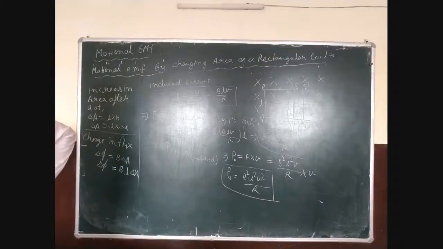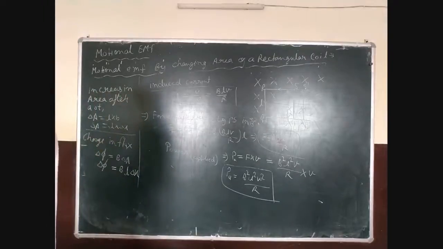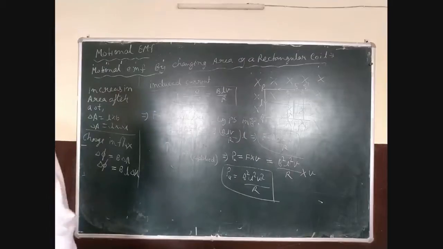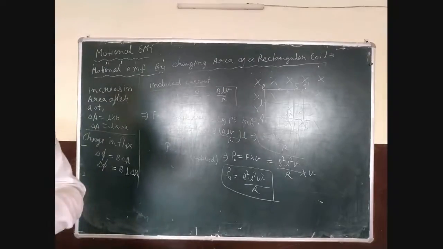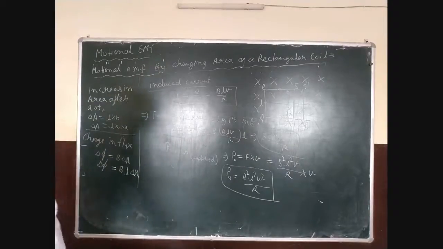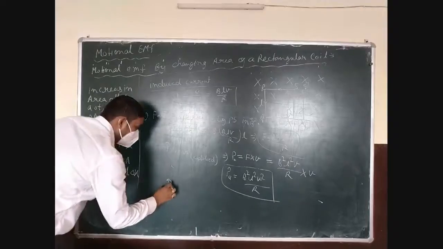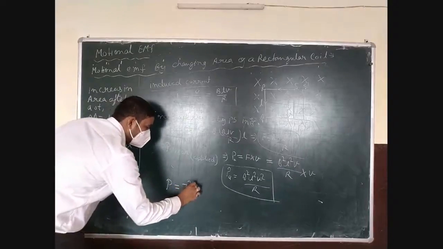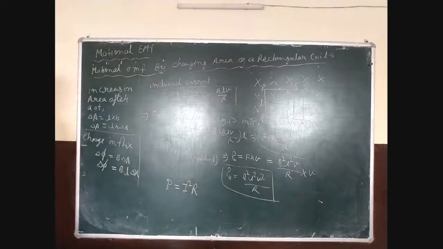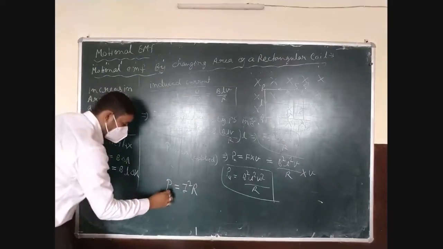Now, as you learned in your previous class, when the current is passing through the coil, heat is developed across it and the power dissipated is given by P is equal to I square R. Okay, now calculate power dissipated.